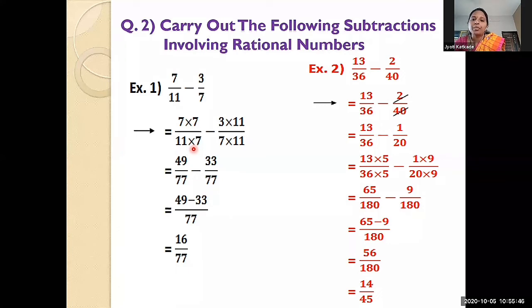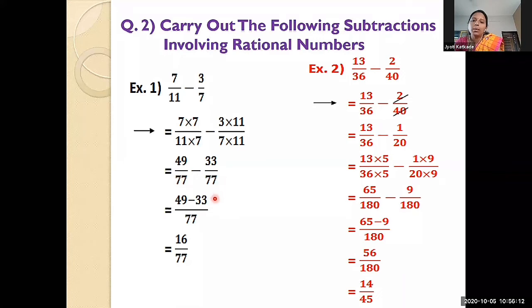Multiply 7 by 7 divided by 11 into 7, minus 3 into 11 divided by 7 into 11. Now 7 7s are 49 divided by 11 7s are 77, minus 11 3s are 33 and 11 7s are 77.